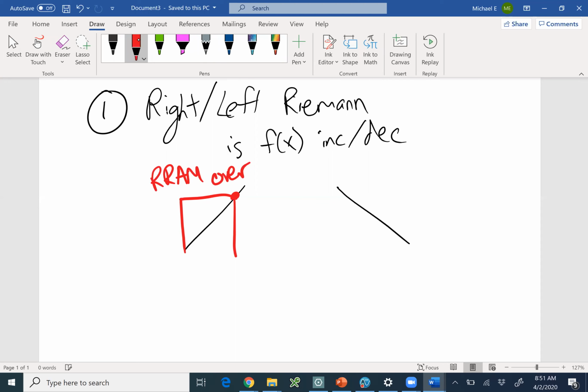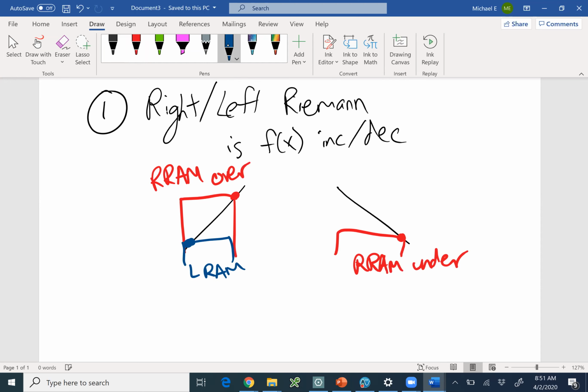If I go from the right on this one, RRAM is an under. So that means that when the function is increasing, RRAM is an over approximation. If it's decreasing, RRAM is an under. And LRAM would just be the opposite, right? From the left on this side, for increasing, it's an under. And the left on the decreasing one is an over.